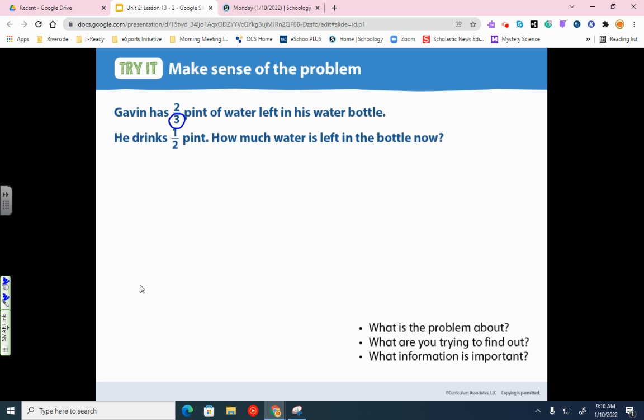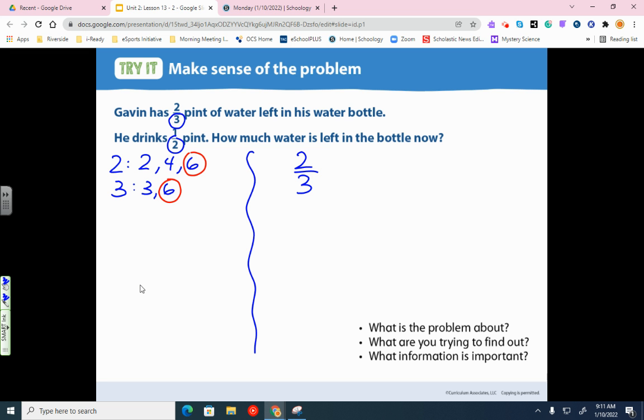But the first thing we have to do is look at our denominators and find a common denominator. So we got 2, 4, and 6, and then we have 3 and 6. And 6 is going to be our winner right there. For these, I just kind of split it up into two parts. So take our 2/3 and write these vertically. That usually helps us with subtraction.